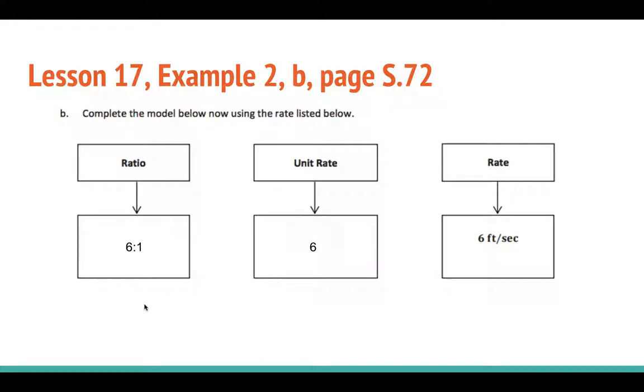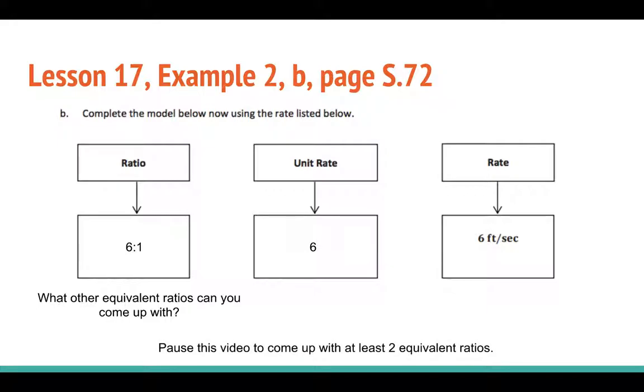Simple, right? So, what other equivalent ratios can you come up with? Remember, equivalent ratios. You can do a chart, a ratio table, tape diagram, whatever works best for you. What are other values you can come up with, or multiply the same number on both sides? Okay. What other ratios can you come up with? So come up with at least 2. Pause this video to come up with at least 2 equivalent ratios.